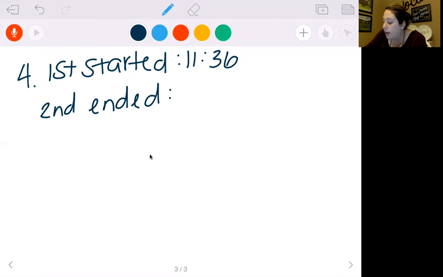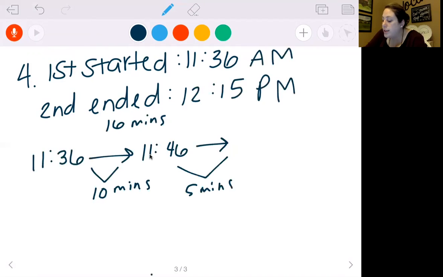Let's count up 5 more minutes. 46, 47, 48, 49, 50, 51. 11:51, and then 1 more minute to 11:52. So she stopped talking to her aunt at 11:52.